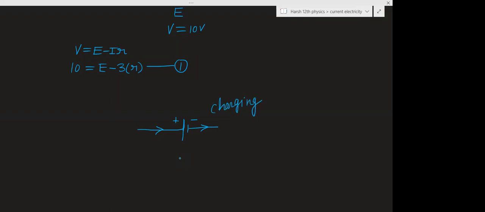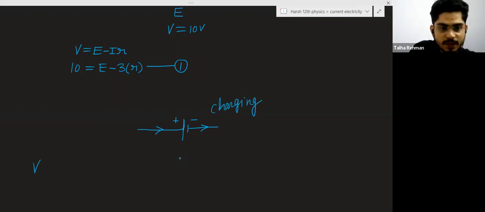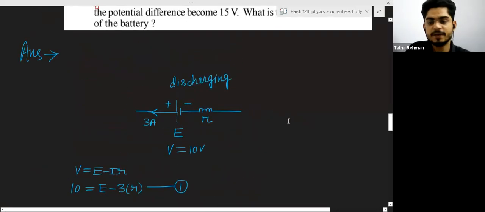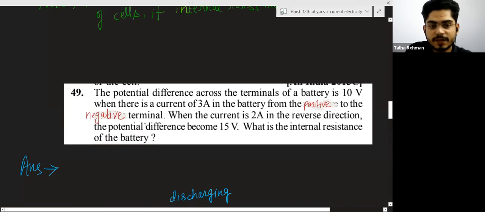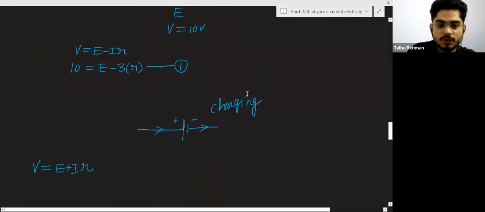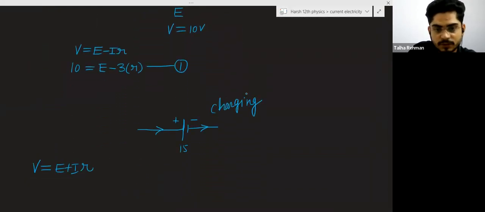So for the charging condition, we have the terminal voltage as E plus IR, and here terminal potential difference is given as 15 volt, and current is 2 ampere.